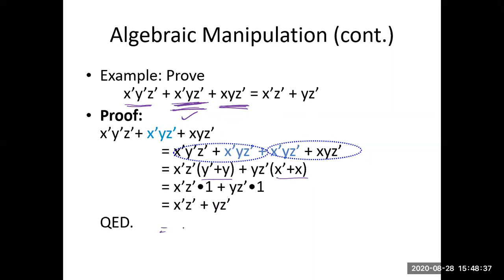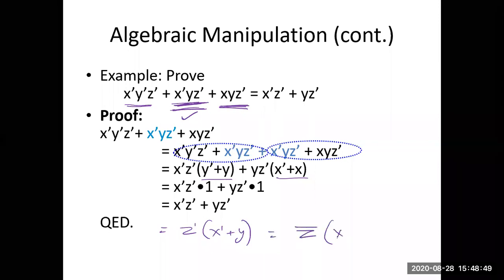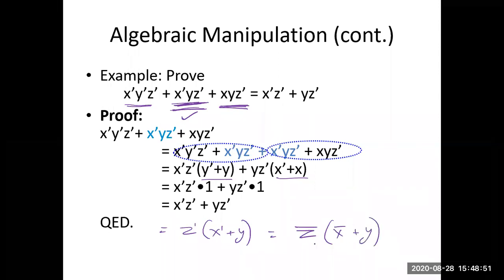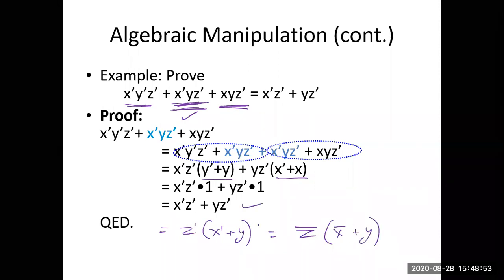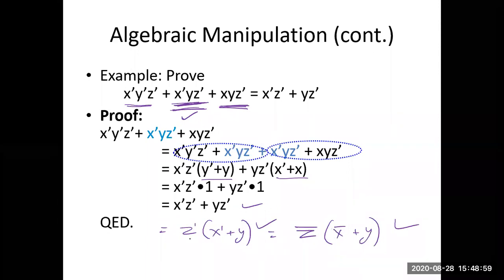You can write this expression as z bar common times x bar plus y. Either you can write it this way, or you can write z bar times x bar plus y. Both are the same. All these expressions are the same, because the number of gates used in this expression is equal to this one.